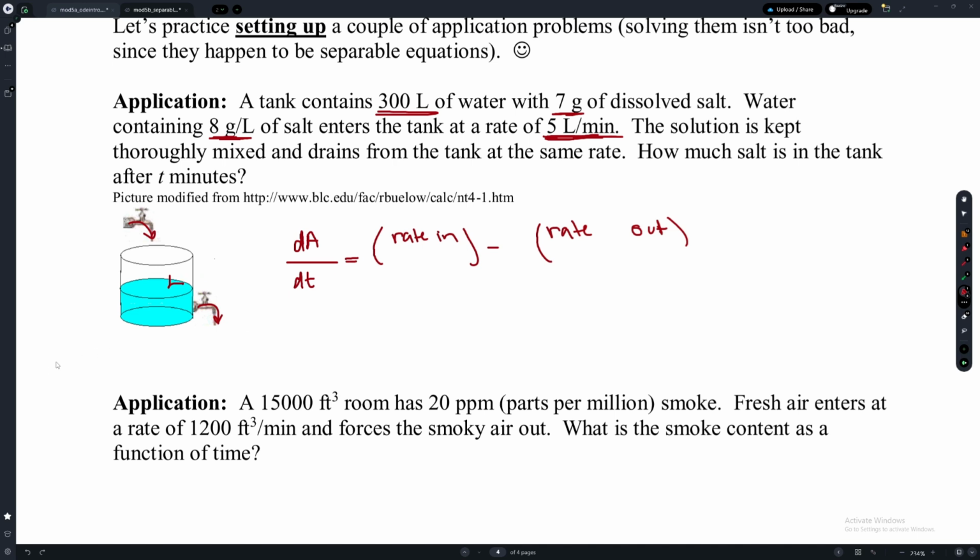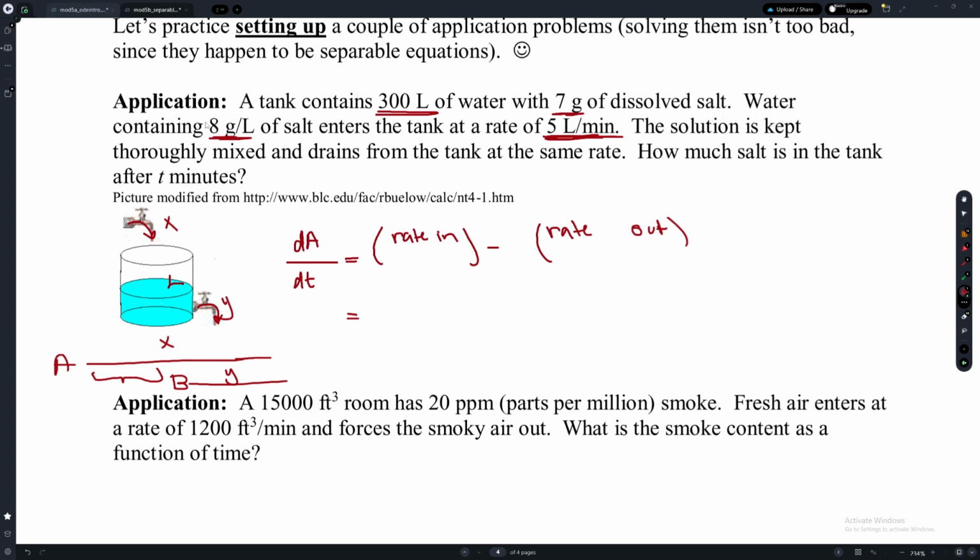Just like I said in the other lecture, I believe, you have A and you have B here. Let's say this is like X distance, and this is like Y distance. Then the difference between them is my X minus my Y. Okay, so rate in minus my rate out. Now the tricky part for this is figuring out what's the rate in and what's the rate out.